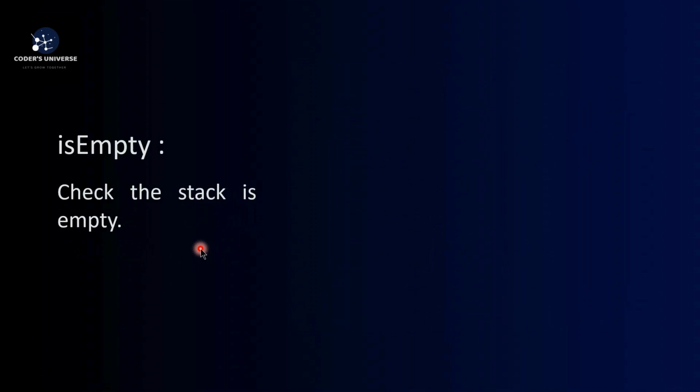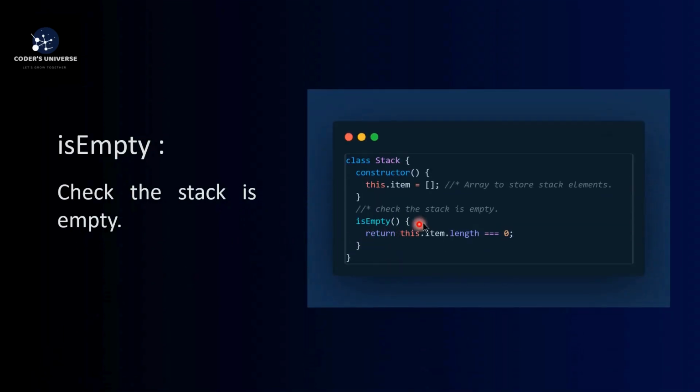It just works for checking whether the stack is empty or not. The code is here. Here is the isEmpty method, and it's checking whether the array or stack is empty or not.